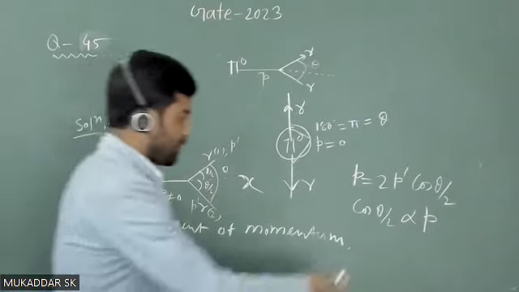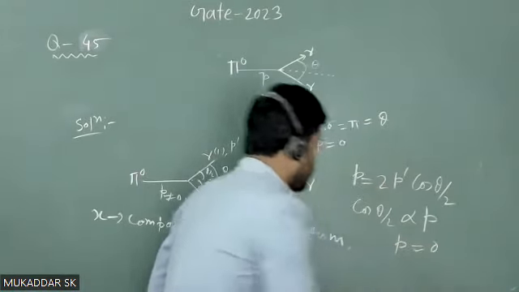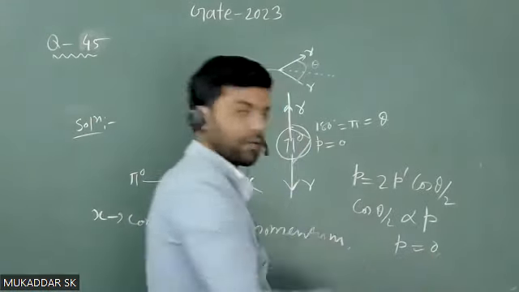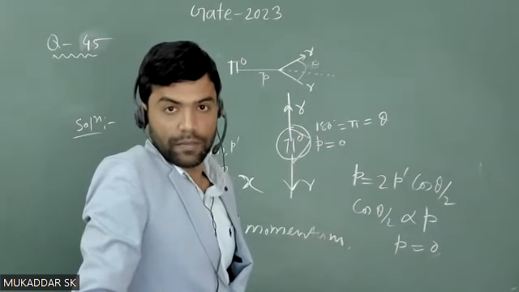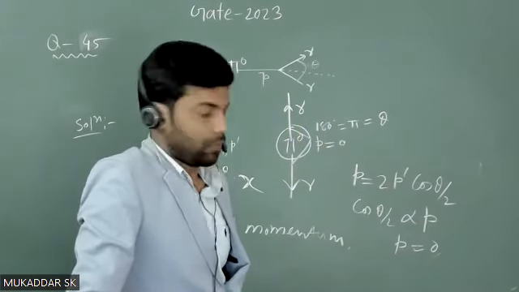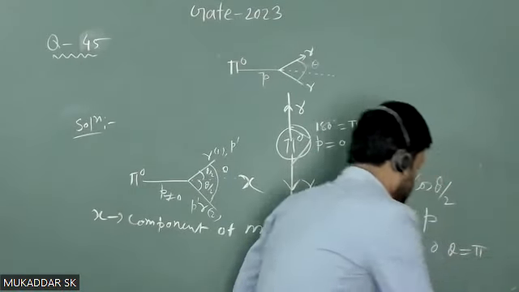When p is 0, cosine theta by 2 equals 0. It means cosine theta by 2 equals cosine pi by 2, so theta will be pi, and that we know actually.